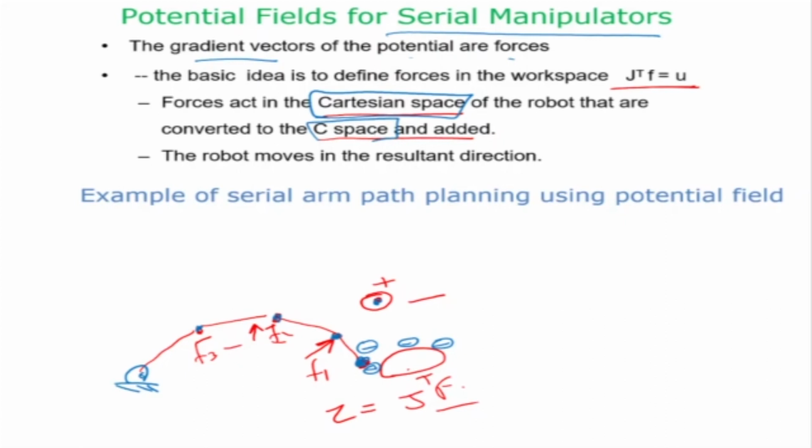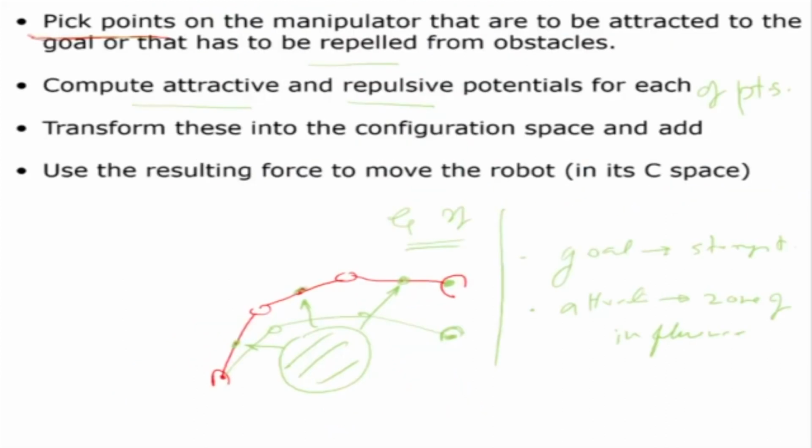Now, it's very important here that we pick points in the manipulator that are attracted to the goal and those that are repelled from the obstacle. For example, in this particular case, suppose my goal is here and my start point is there. Then I have to choose, because the end effector has to go to the goal, this as plus and that as minus. But it is not enough to say the end effector should go to this point, because in the process these links can go and hit the obstacle.